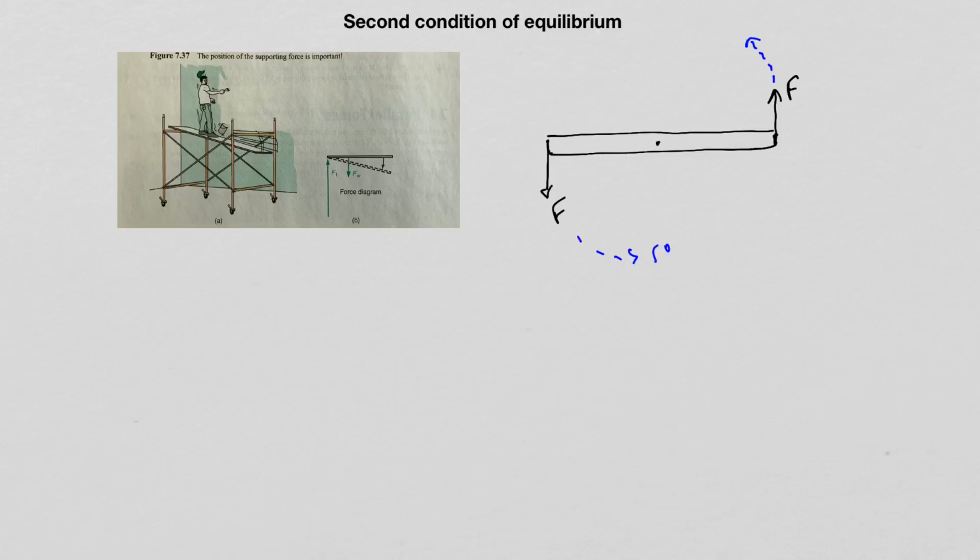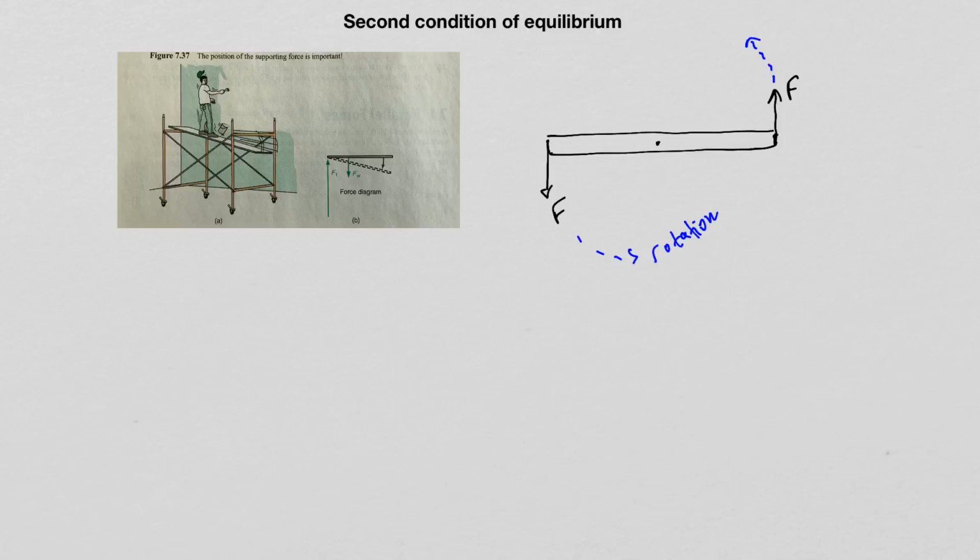So there will be rotation. So that means that even if the sum of all parallel forces is equal to 0, that is not enough requirement for an object to be in equilibrium.